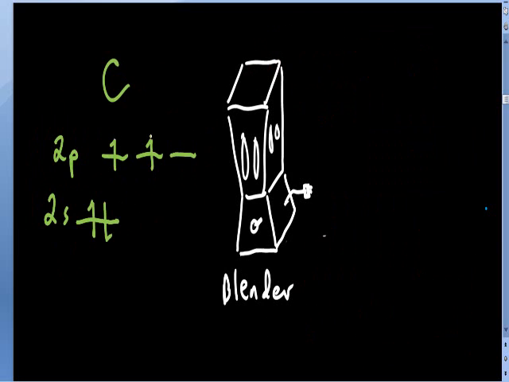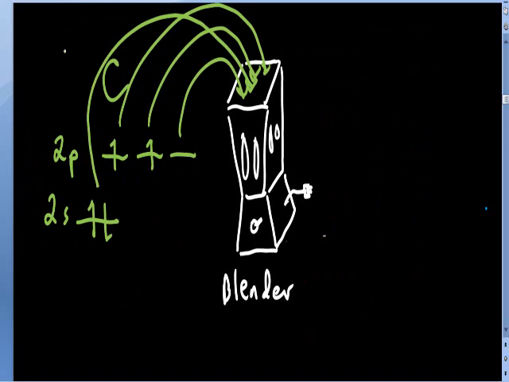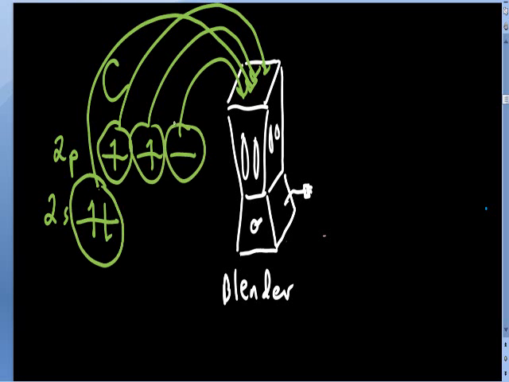Now we're going to keep our blender, but now let's look at our orbitals that we have for our carbon atom. And we're going to hybridize or blend these orbitals to make a bonding arrangement that can explain what we see in molecules such as methane. We're going to place into the blender 1 s orbital, and 1, 2, 3 p orbitals are going to go into the blender. Run the blender for a moment, pause.